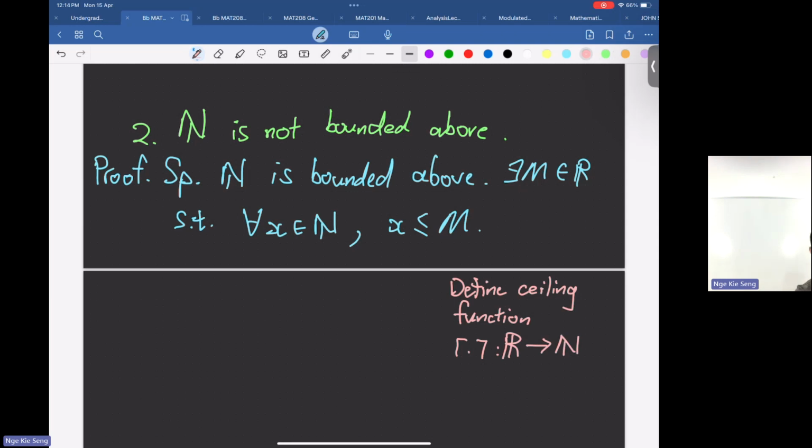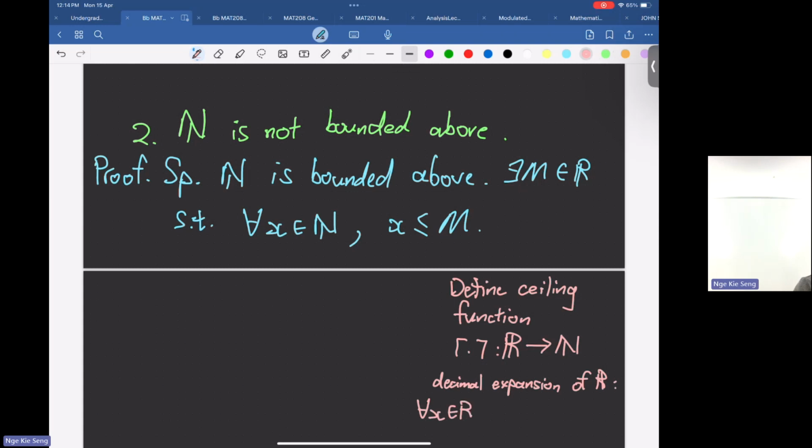So how is the ceiling function defined? It depends on the decimal expansion of R. What does it mean? What's the decimal expansion of R?